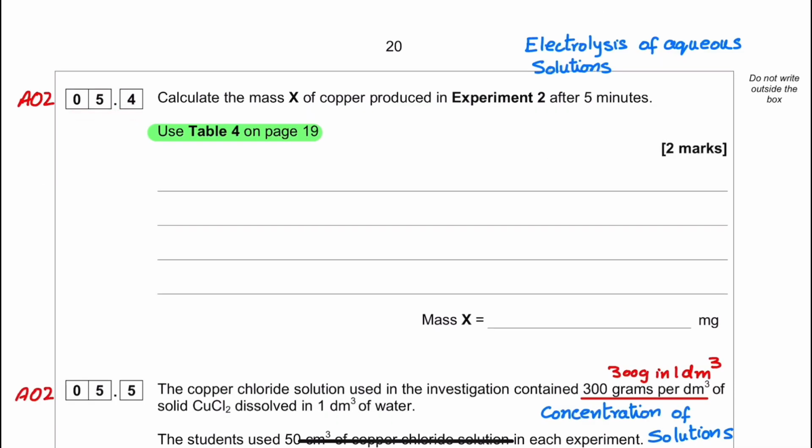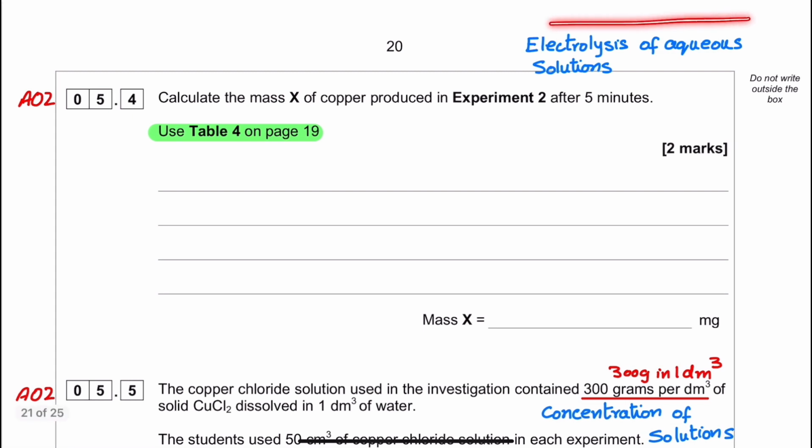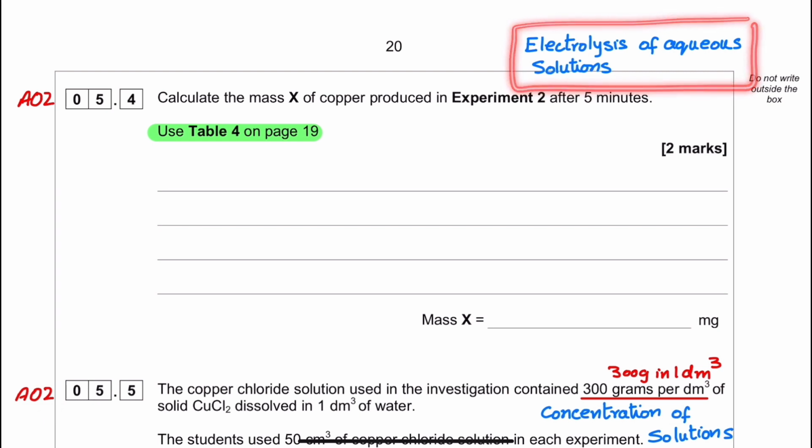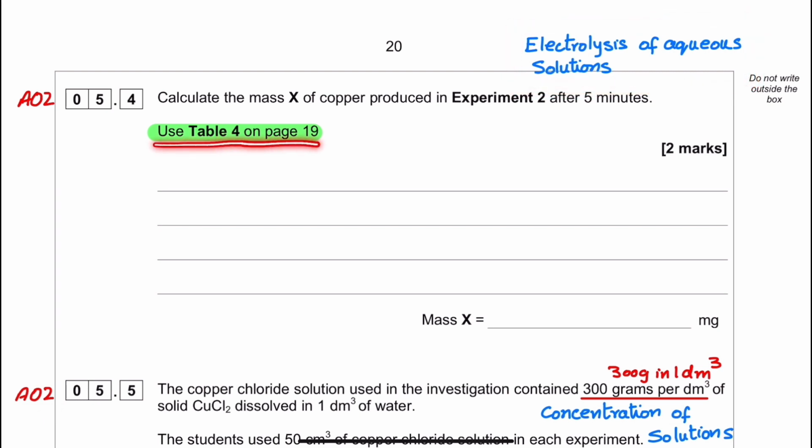5.4 is an AO2 question. Calculate the mass X of copper produced in experiment 2 after 5 minutes. It's from the same topic, electrolysis of aqueous solution. Use the table number 4 on page number 19. So in this question, we need to find the value X in table number 4.